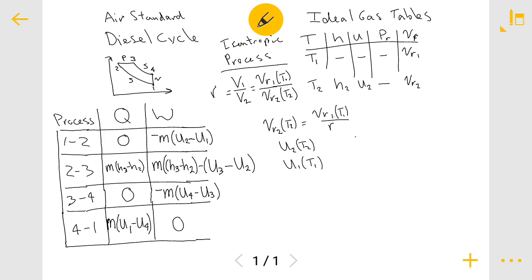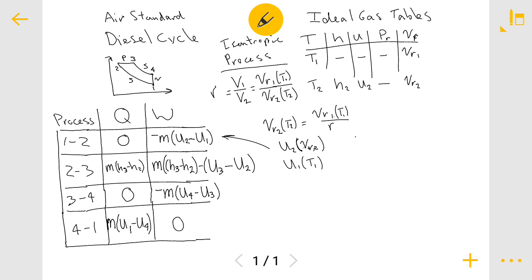So I'm going to first find U1 from T1, then find VR1 from T1, divide it by R, and that gives me VR2, and then I can look up U2. So that helps me with the first process.